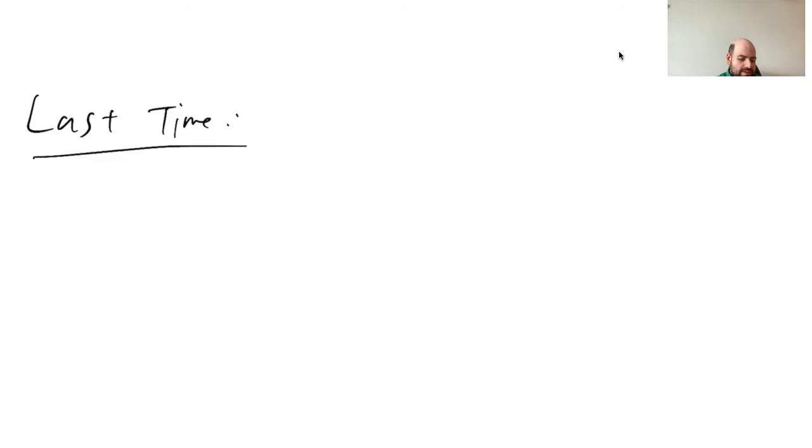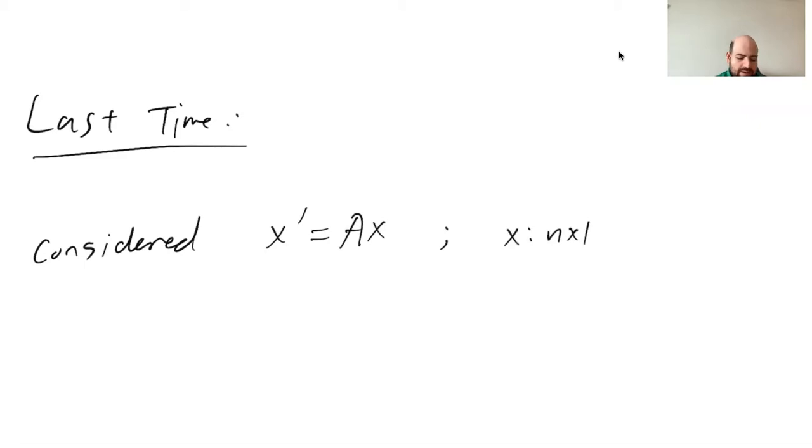Hello, everyone. So last time we looked at a system of differential equations, a first order system of differential equations. So we wrote it in the matrix form, if you remember. We considered x prime equals Ax, where x is an n by 1 vector, A is n by n.